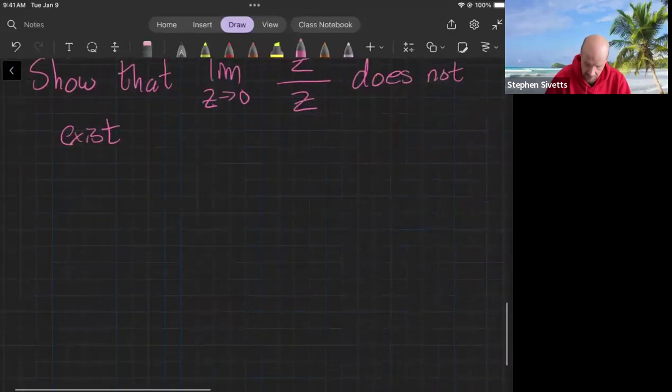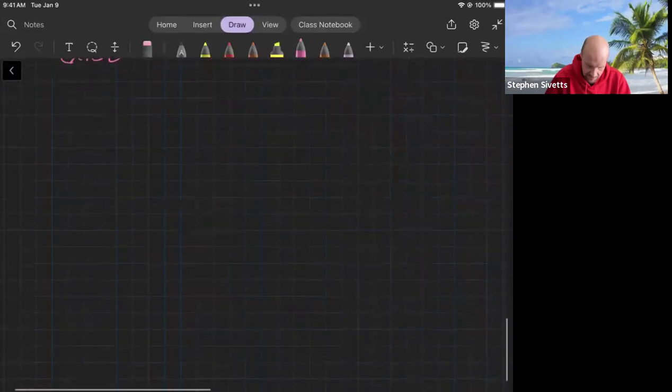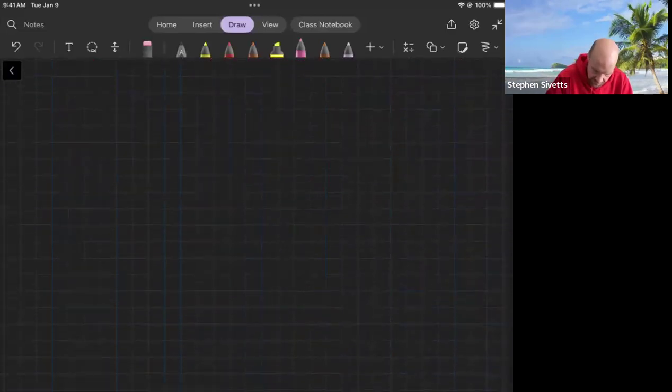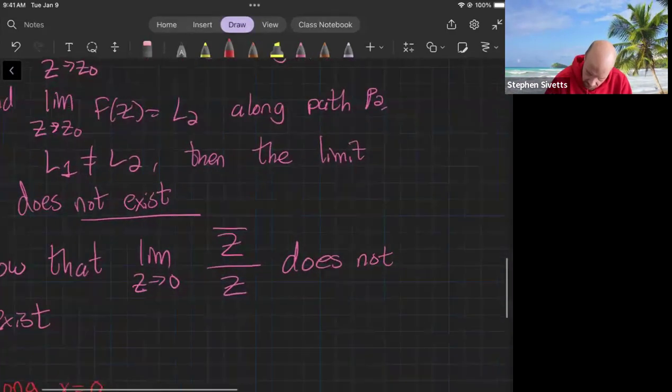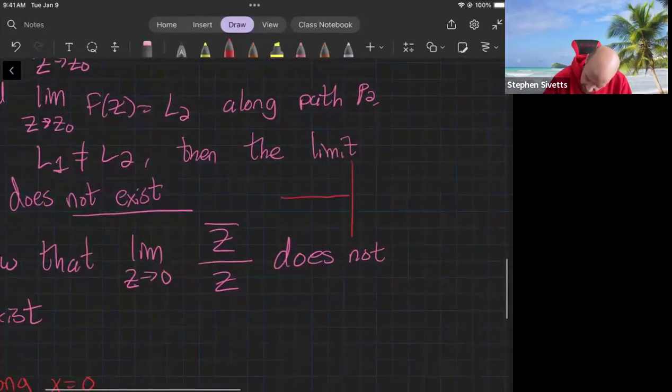How do we do it? Okay, so we want to look at two paths. So if I look at the z plane, here's 0.